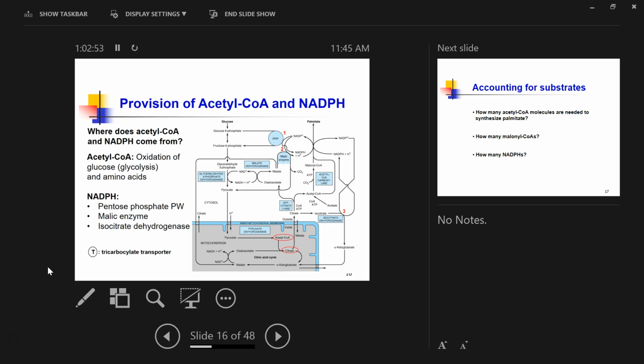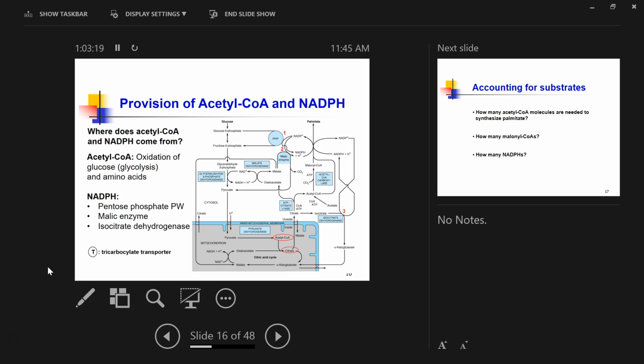And what about NADPH? One pathway, which we talked about, is the pentose phosphate pathway. The other two sources, which we have not talked about, are malic enzyme reactions and isocitrate dehydrogenase.